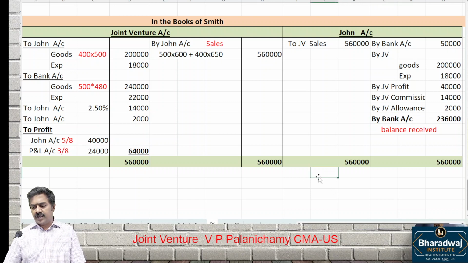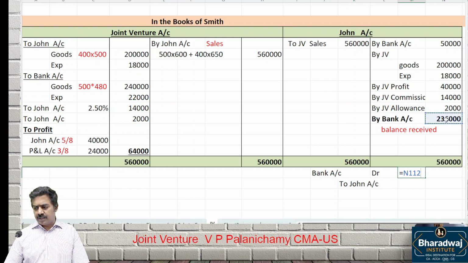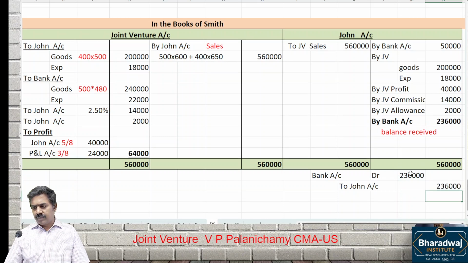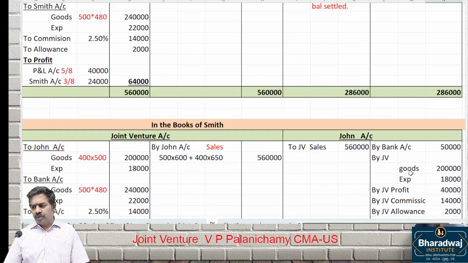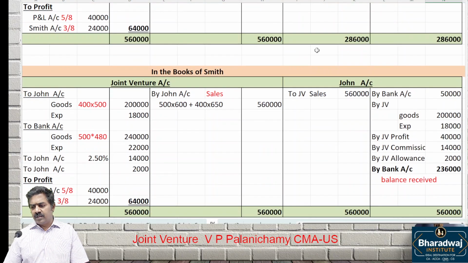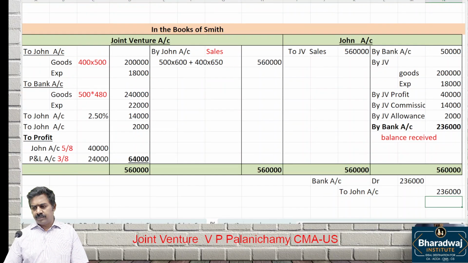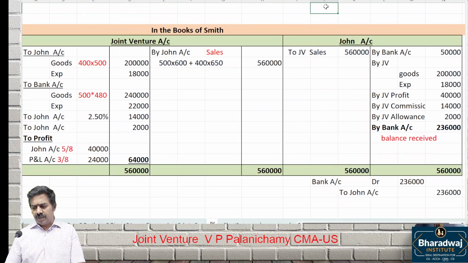If you look at the journal entry, bank account debit to which account? John account, the final settlement we get 2,36,000. In the other party's books, we pay to Smith. It will come as what?